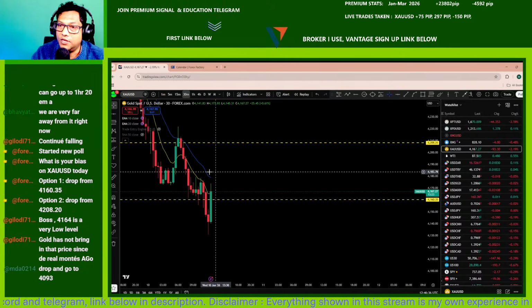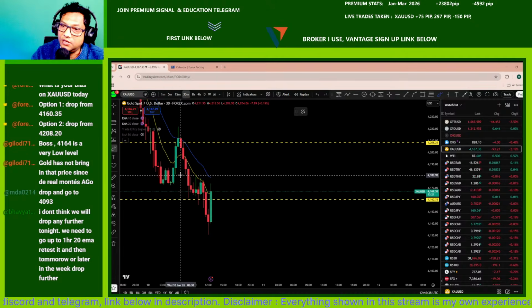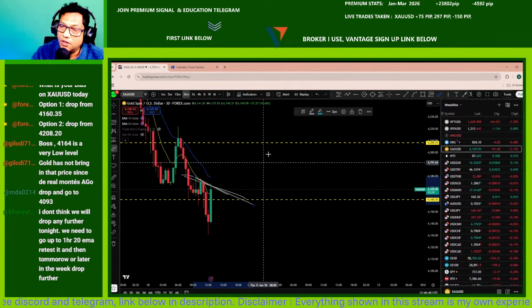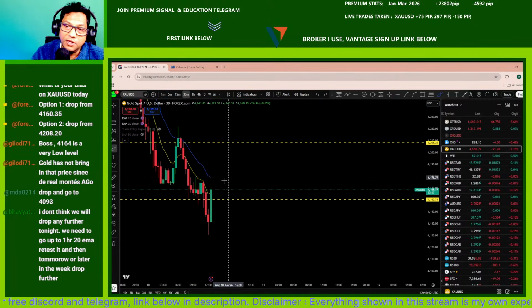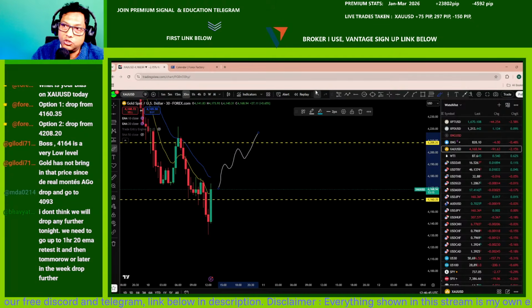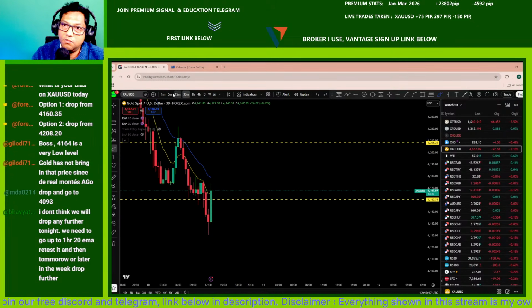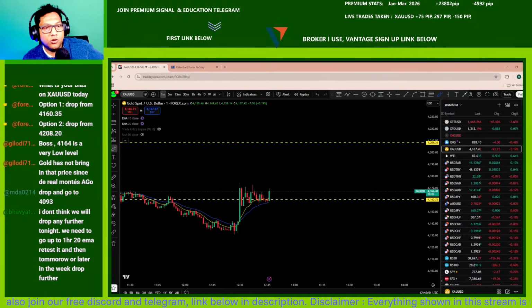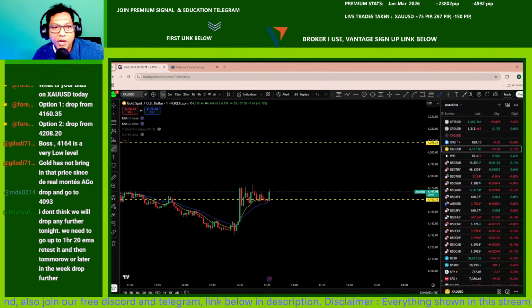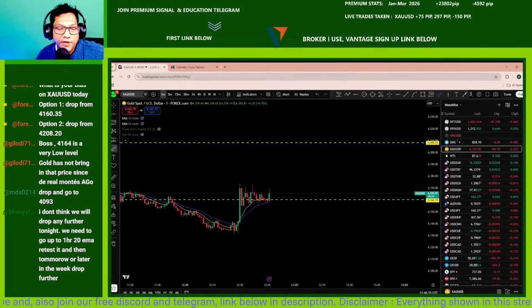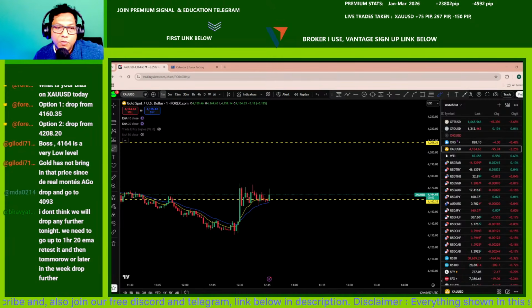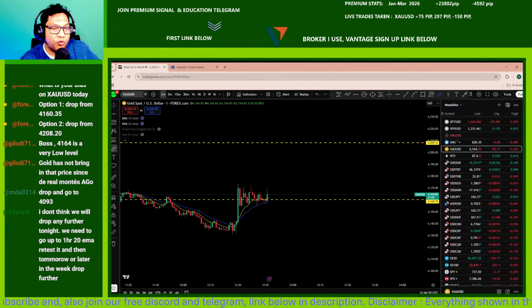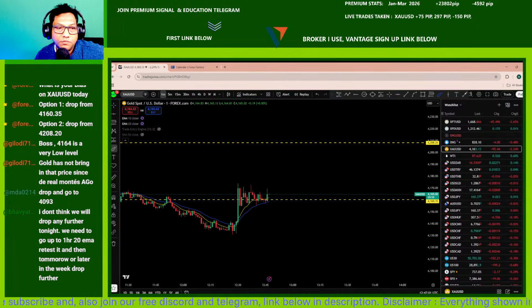Especially breaking from this key level can create strong selling pressure in this market. Drop to go. Okay, I don't think we will drop any further tonight. We need to go up to the 1 hour 20 EMA.